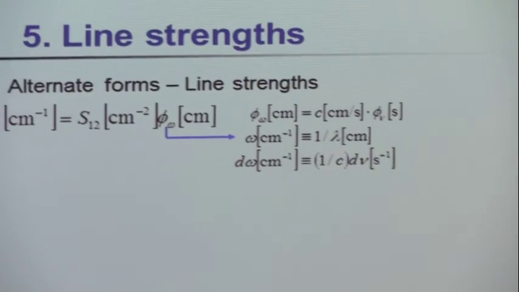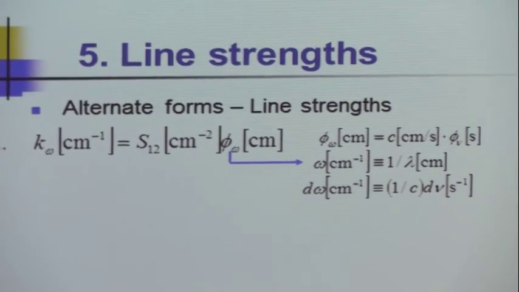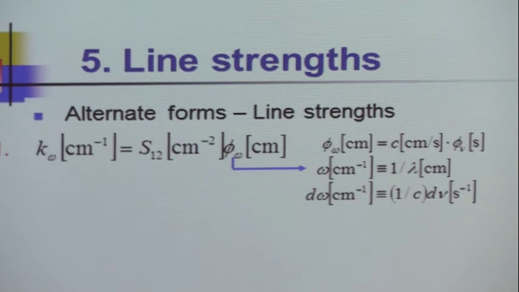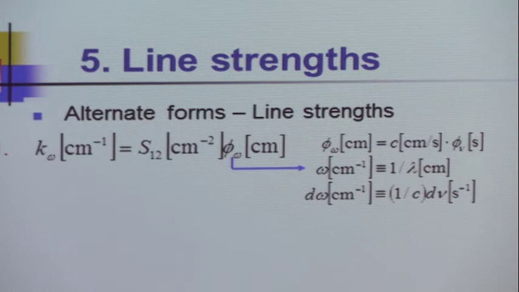Okay, now I'm just going to zip through this. There are a lot of different units that are used for the property we care about, K. It's per unit length. K is always per unit length. But it can be obtained always by the product of S and phi, but these terms may have different units.